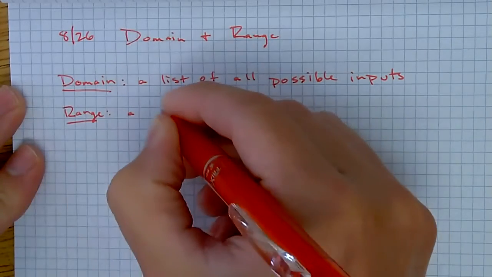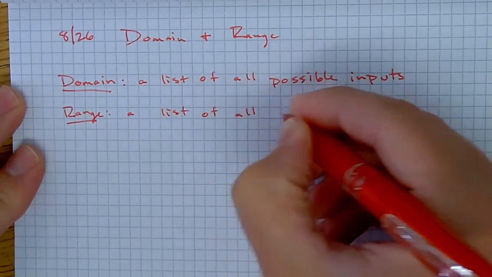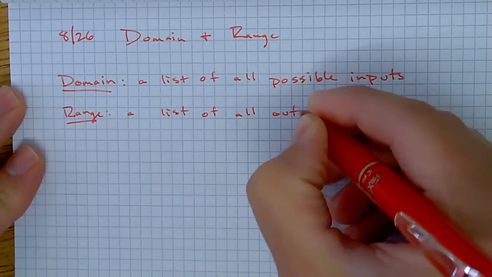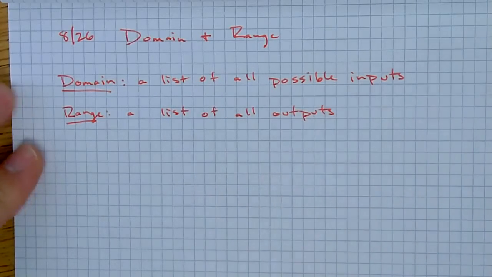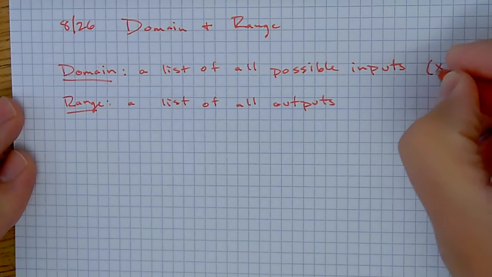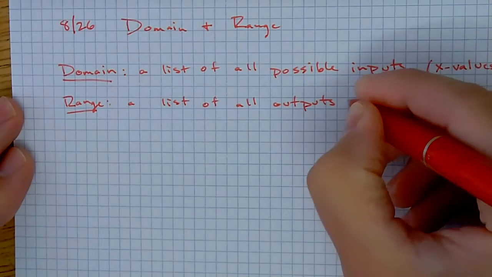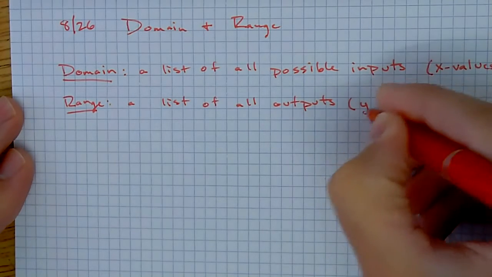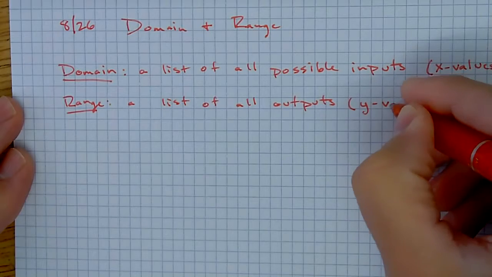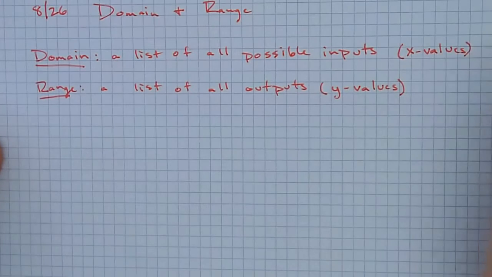Okay, and our range is going to be a list of all possible outputs. And remember, our inputs are going to be our X values, while our outputs are going to be our Y values.